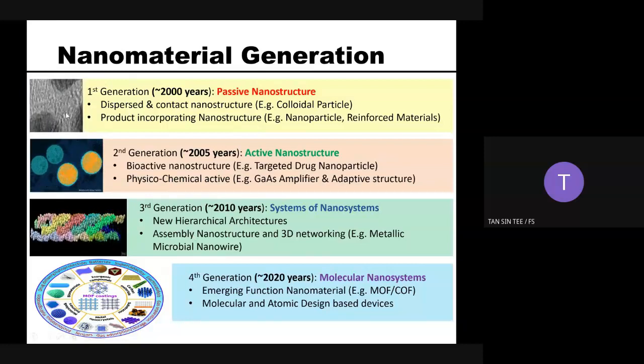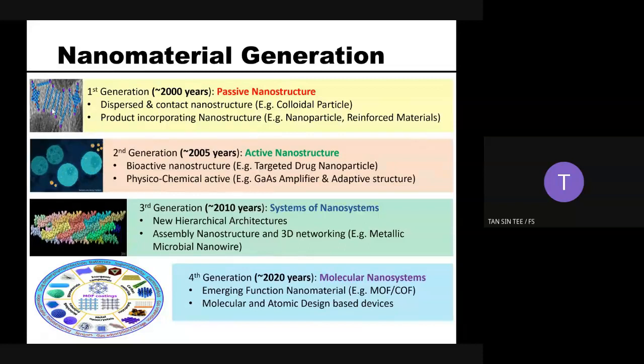They are using some ligand material to self-assemble the nanoparticles and use them in different kinds of applications. Some other products incorporating nanostructures, like nanoparticles and reinforced material, are also grouped in the first generation. I think most of us are working on this by just designing the arrangement of the monodisperse particles. And then up to the year 2005, people started working on the active nanostructure. This is called the second generation of nanomaterial design.